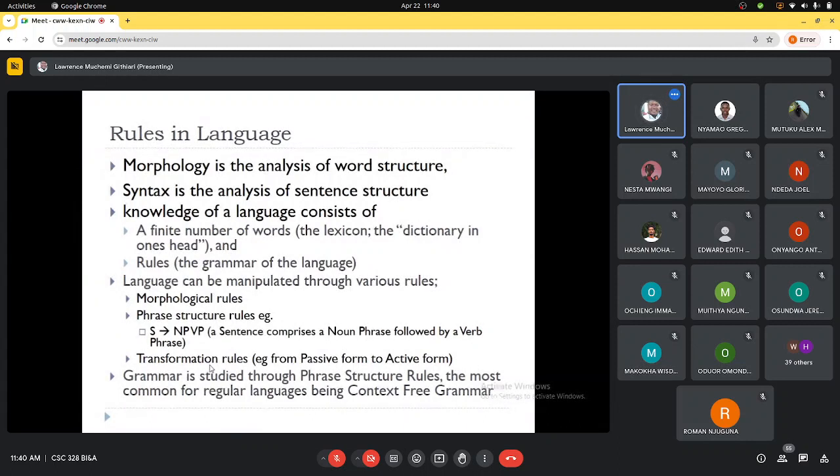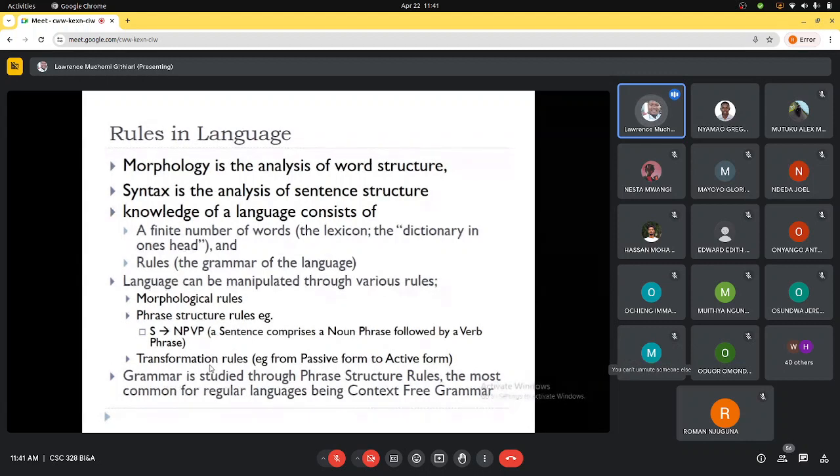So noun, kicked is a verb. So noun, verb, the ball is a noun. So noun, verb, noun. So I can apply it to any other thing, even if I don't know what there is. I can say, John ate the ball. So it might not make sense, but it is still grammatically correct. So that is what you call the context-free grammar.